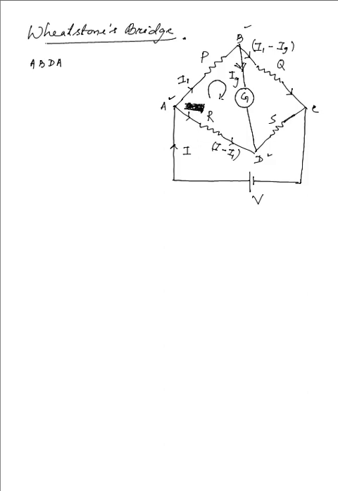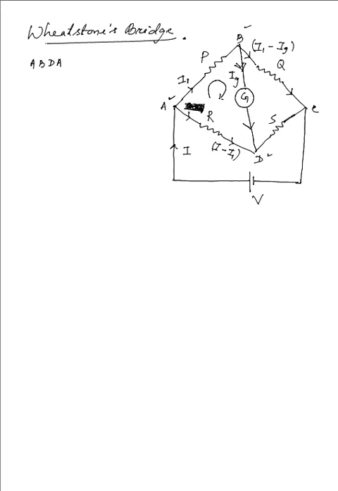Now all we are doing here is following Kirchhoff's current law, KCL. As the current moves along the galvanometer bridge, from B towards D, it meets the current that was flowing through AD, through the resistance R, that is I minus I1.